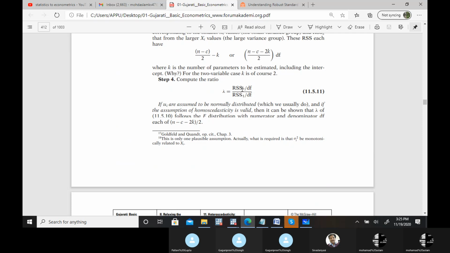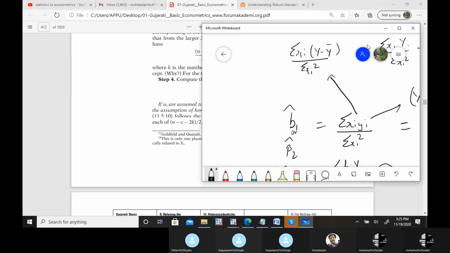Why is it higher? Because for higher values, the u hat square will be larger around the regression line. But you have to take this precaution: is the relation between the dependent and independent variable positive or negative? Accordingly, you have to adjust the numerator and denominator.